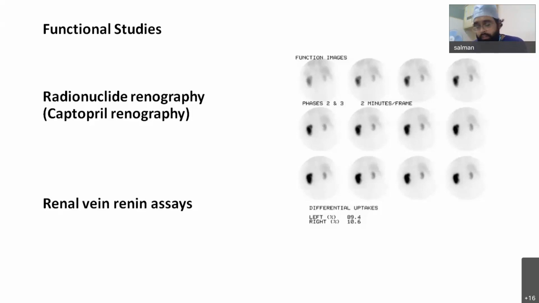Once angiotensin 2 is blocked, the excretion of this molecule in the kidney affected by renal arterial stenosis decreases, because the renal blood supply in those patients was being maintained by angiotensin 2. Once that effect has gone down, there is a decrease in the excretion in those kidneys affected by renal arterial stenosis.